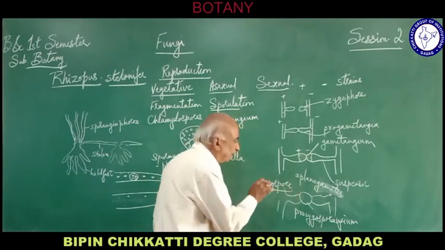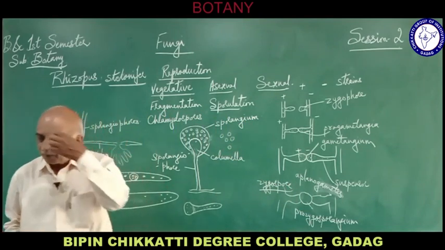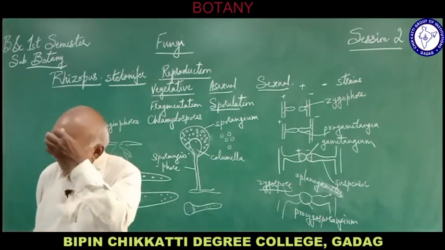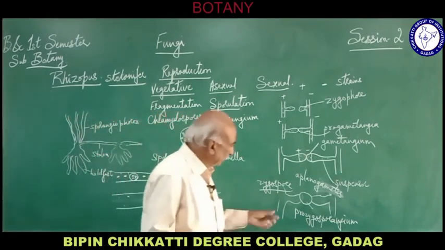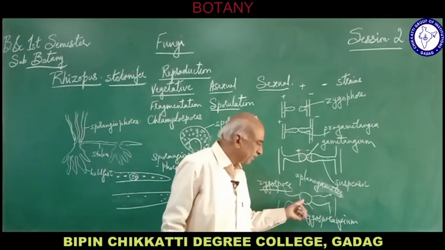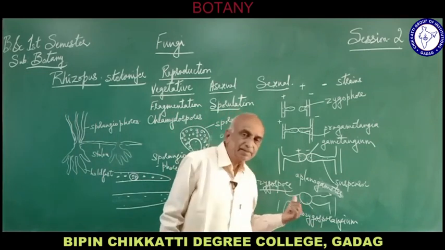It forms a thick wall. So the prozygosporangium forms a thick wall there, and now this thick walled prozygosporangium, where the nucleus becomes fused, is now called as zygospore.